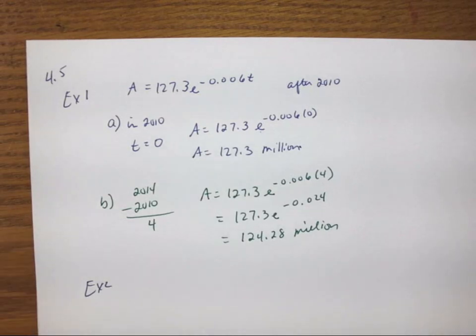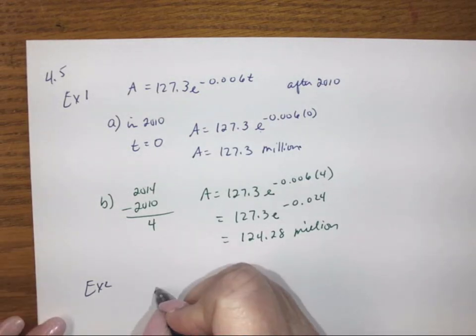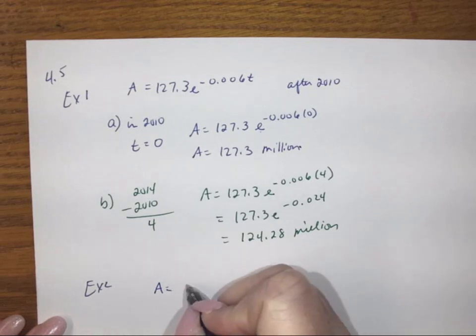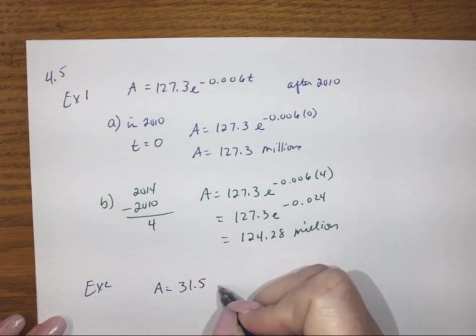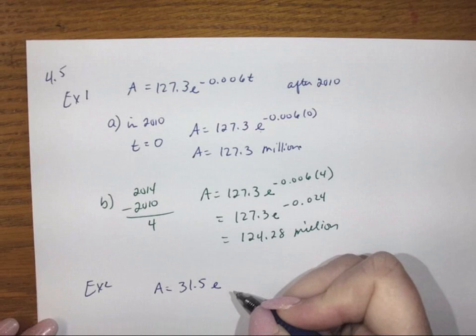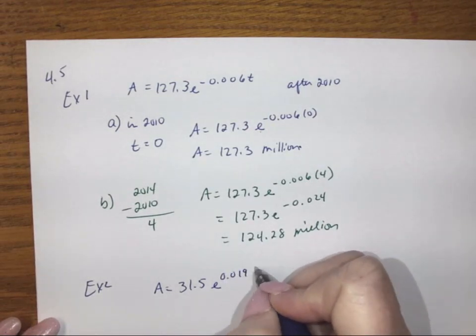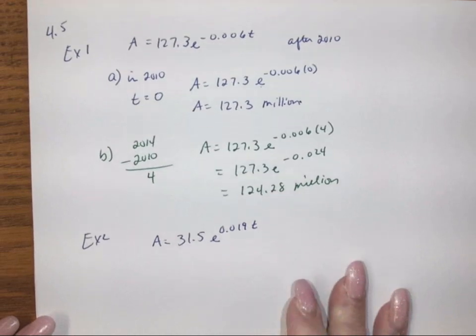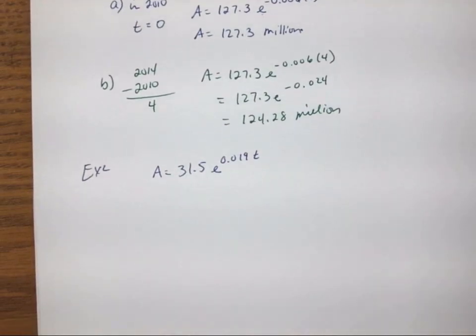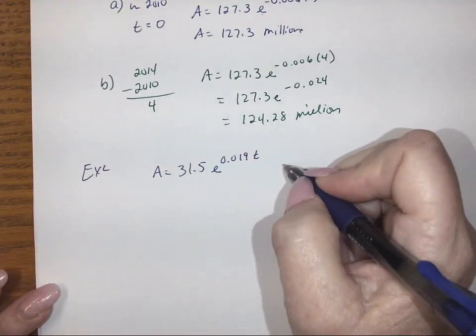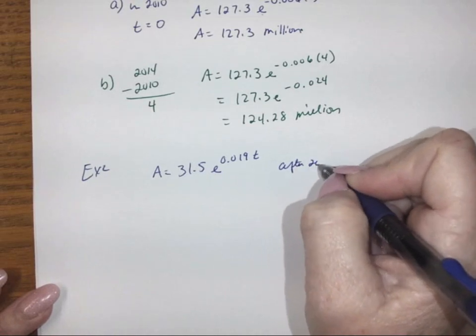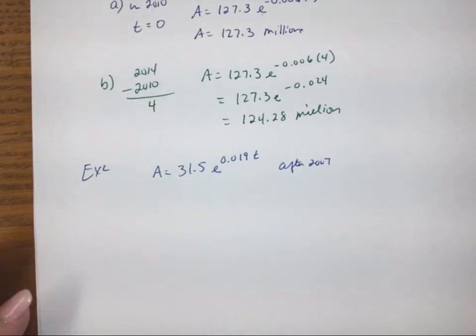I'm going to write that first. Our equation is A is equal to 31.5 e to the 0.019 t, and this is after 2007.